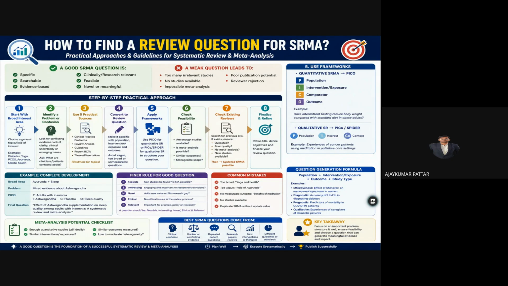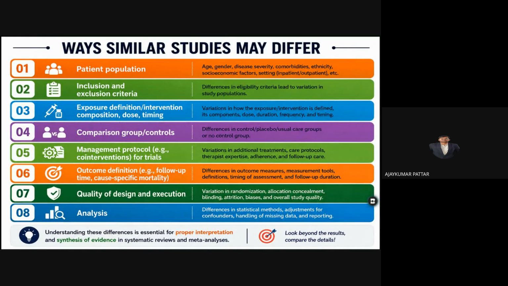Another concept we discussed is that the review question should not be too broad or too narrow. Then, even though we include studies of the same kind in the SRMA, they are not the same; how will they differ?